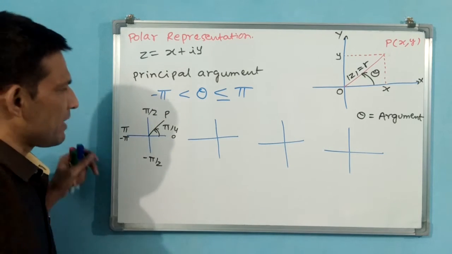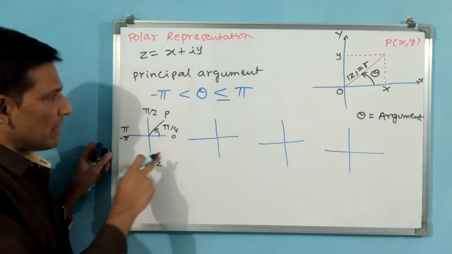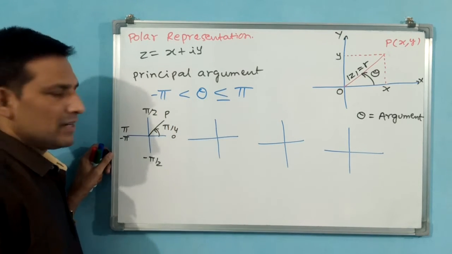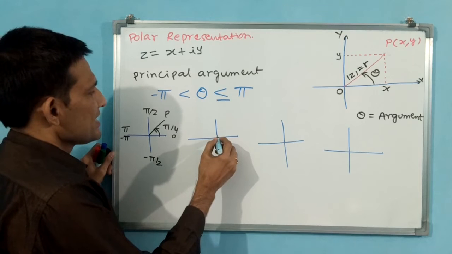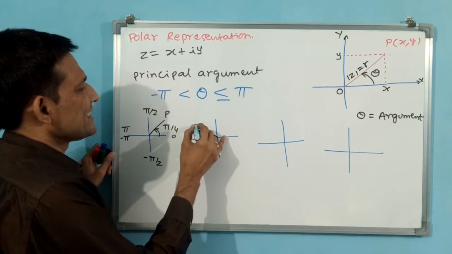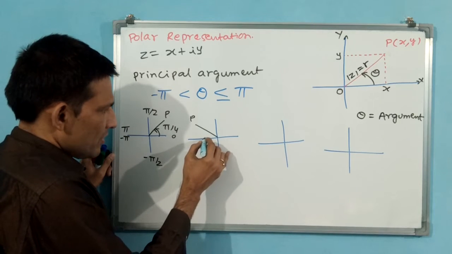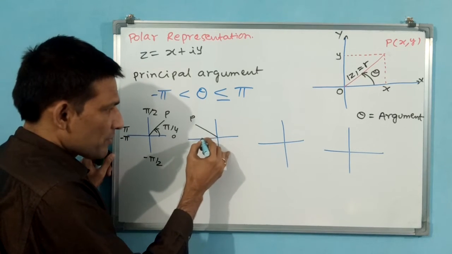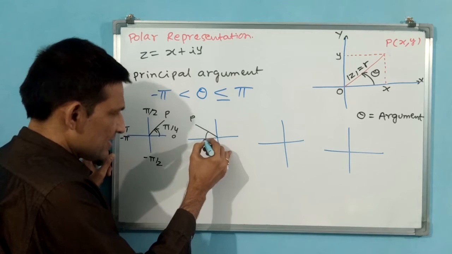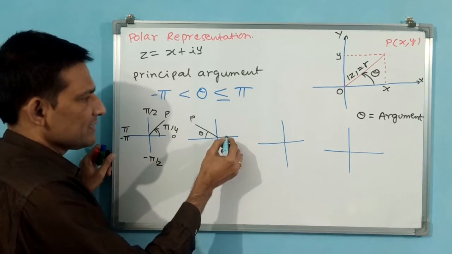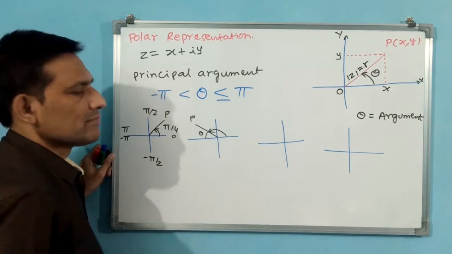Okay, let me see this pi by 4. Pi by 4 is there. Is it valid? Yes, sir. Because within minus pi to pi it is available. Now let us draw here. Now this is P, and you see this angle, how you are going to represent. You are taking this angle and making it minus of pi, then only it is going to come.